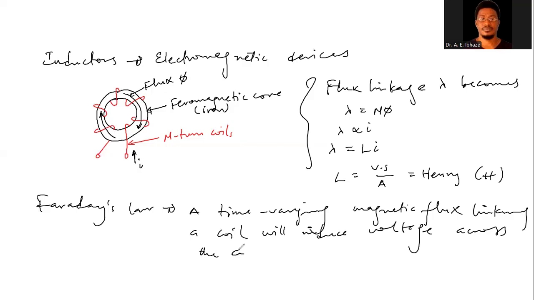So that v is the same as d lambda over dt, and lambda is N phi, right? So that will be N d phi over dt.